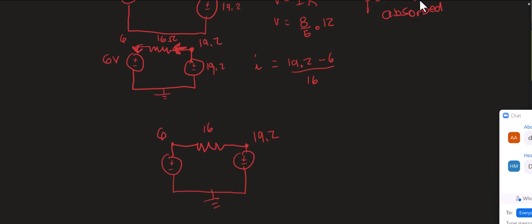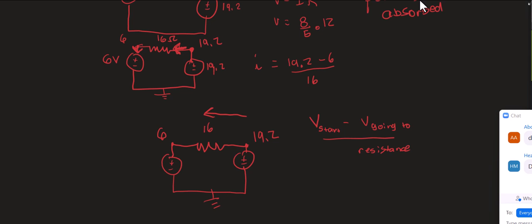Whenever I want to find the current going in a particular direction, I take the voltage where I'm starting from minus the voltage where I'm going to, over the resistance. So I wanted to find the current in this direction. If I'd ended up with a negative number, that'd be fine.